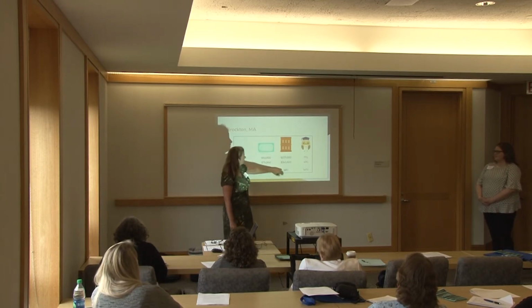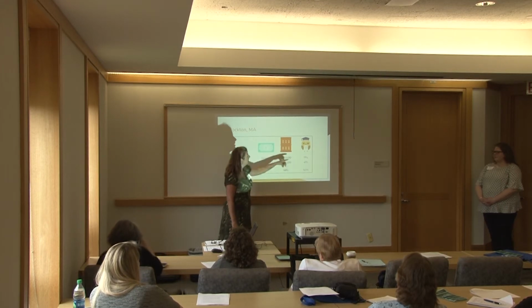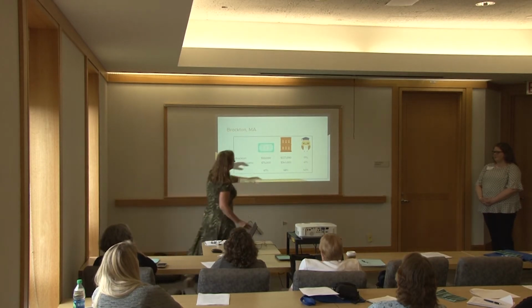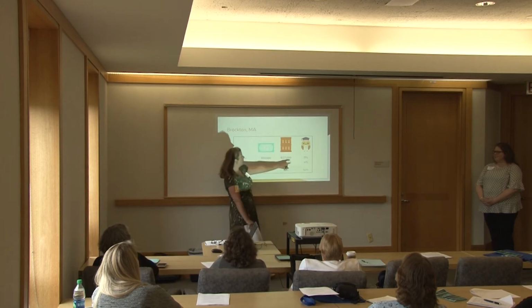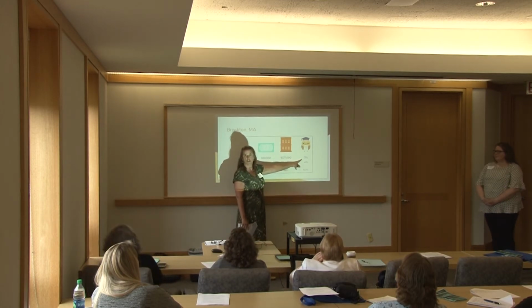The city, if you live there, your property value is at 68% of the state average, and this number messed me up and I had to write it down last night. So if you live in Brockton, 17% of you have a bachelor's degree versus 41% for the entire state.